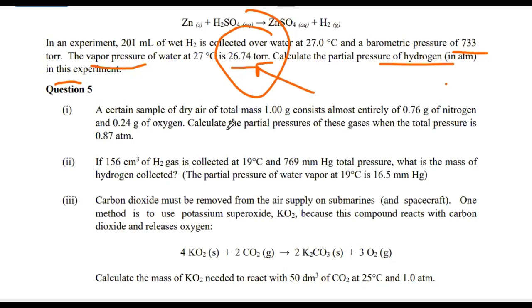So what are you going to do? Anyone who has an idea, how do you find the partial pressures there? How do you think we are going to calculate them?